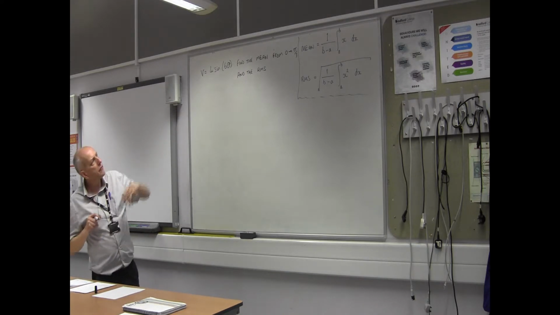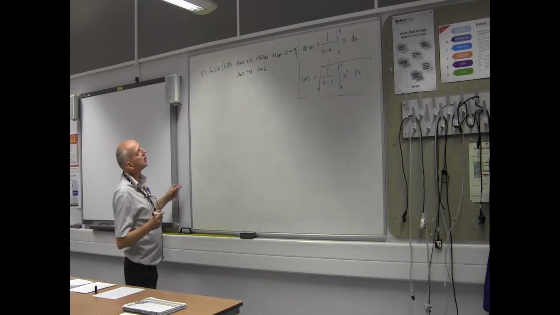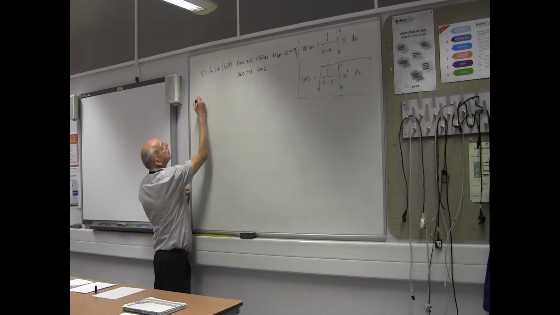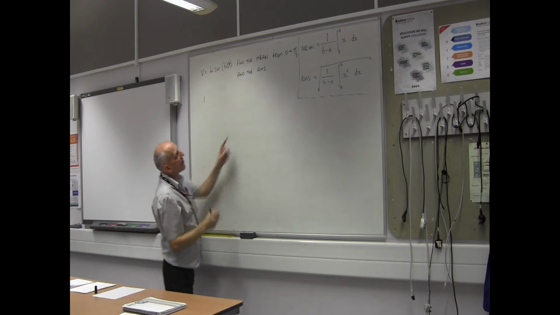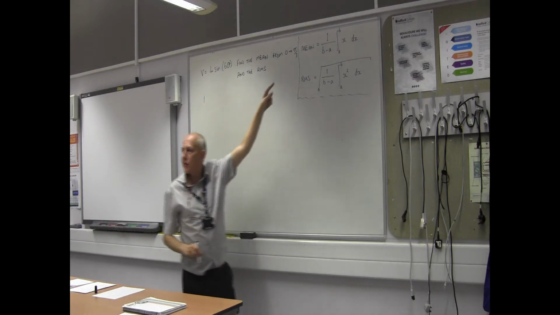So we've got the formula there for finding the mean. All we need to do is put our values in. So it's going to be 1 over, our limits are 0 to pi divided by 3, that's our limits.